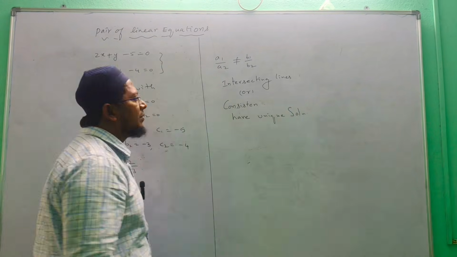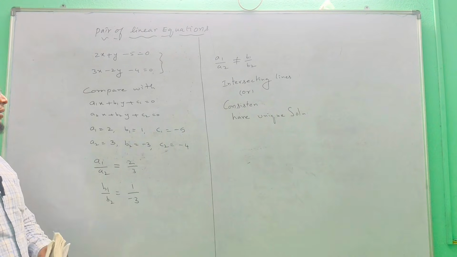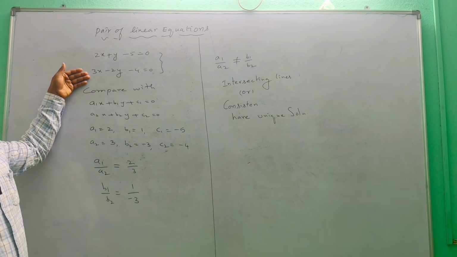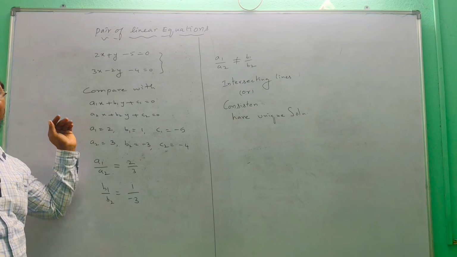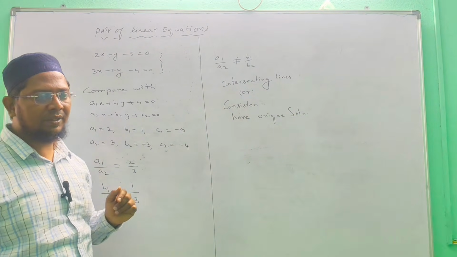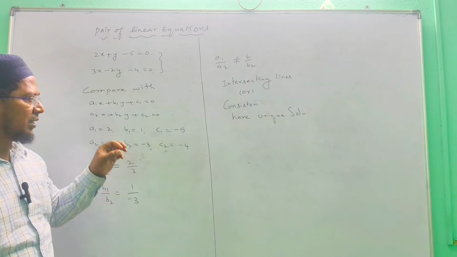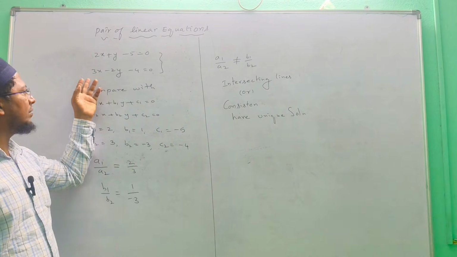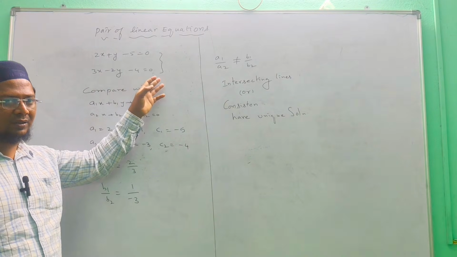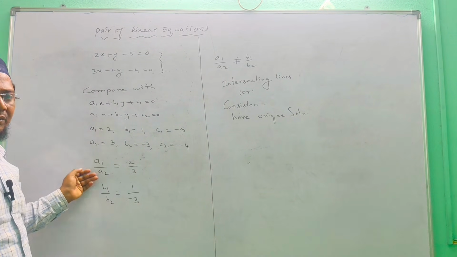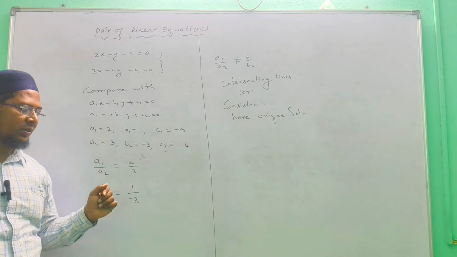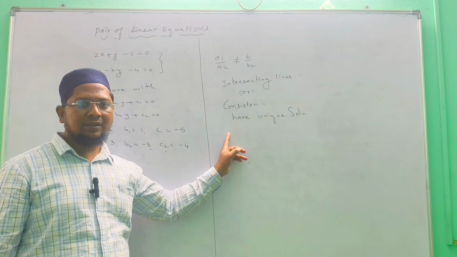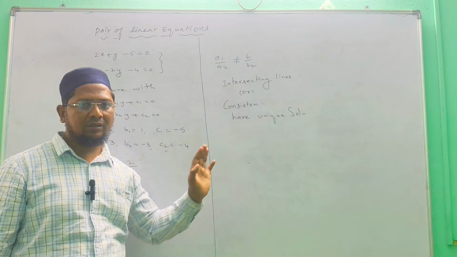So this is the first equation. How to compare? The given pair of linear equations, compare with a1x plus b1y plus c1 equal to 0, a2x plus b2y plus c2 equal to 0. Pick up the coefficients a1, b1 and the constant c1. Second coefficients a2, b2 and constant c2. Then we have to compare a1 upon a2, b1 upon b2. If it is not equal, we can say that intersecting lines are consistent. It has a unique solution.